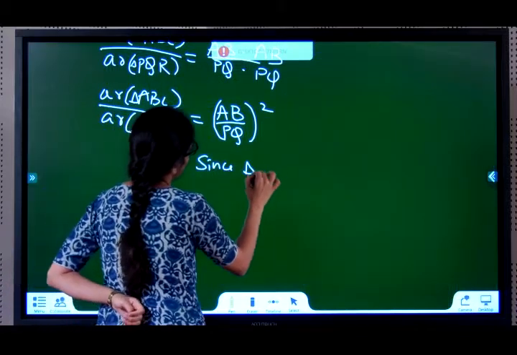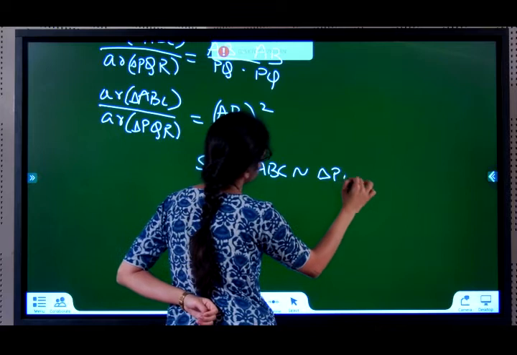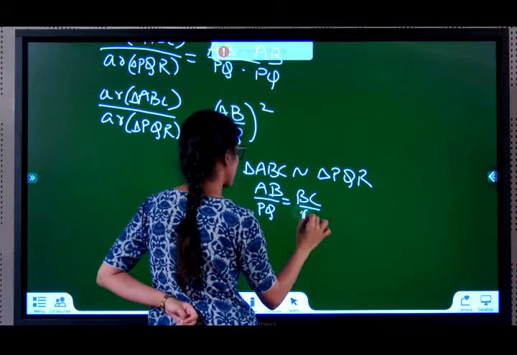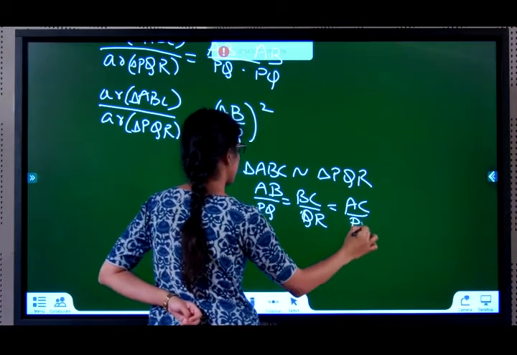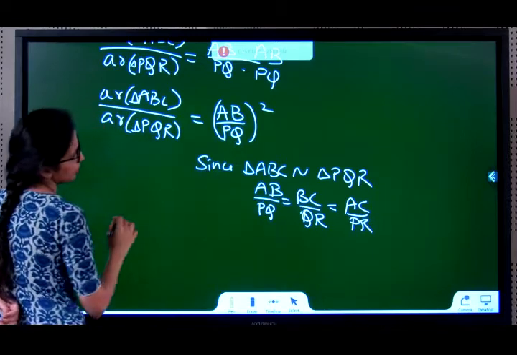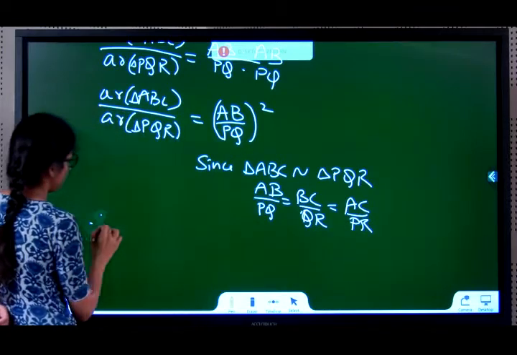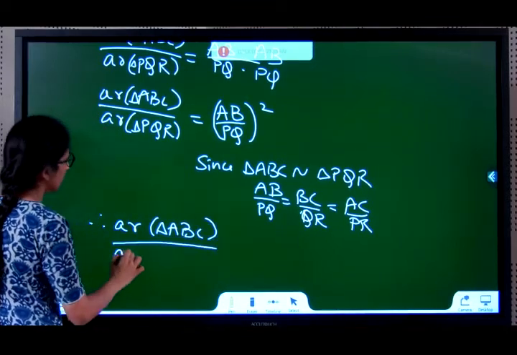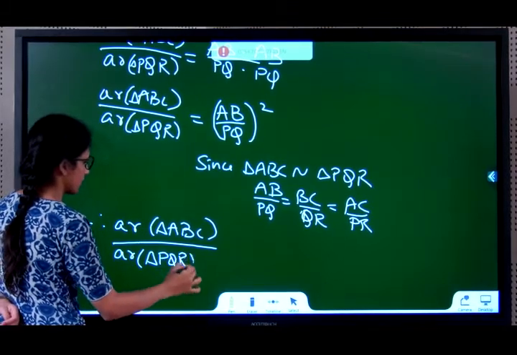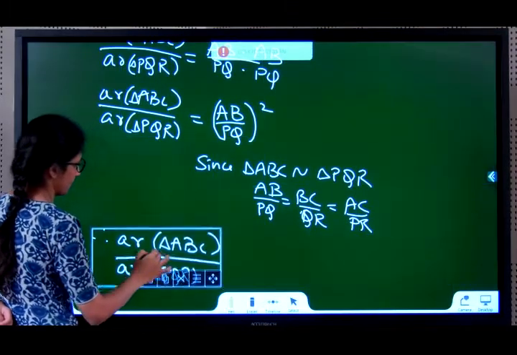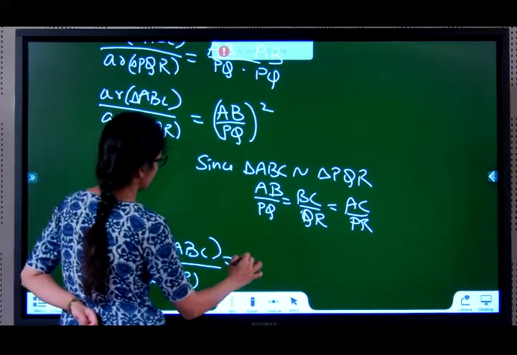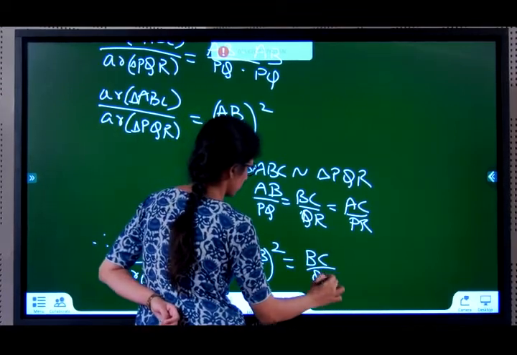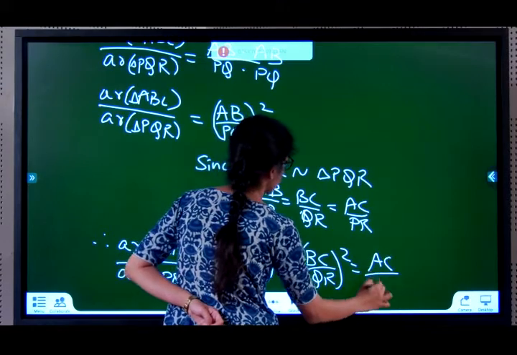Since triangle ABC is similar to triangle PQR and we have AB by PQ is equal to BC by QR is equal to AC by PR, I can substitute AB by PQ as BC by QR or as AC by PR. Therefore, I can conclude area of triangle ABC by area of triangle PQR is equal to AB by PQ the whole square, or BC by QR the whole square, or AC by PR the whole square.